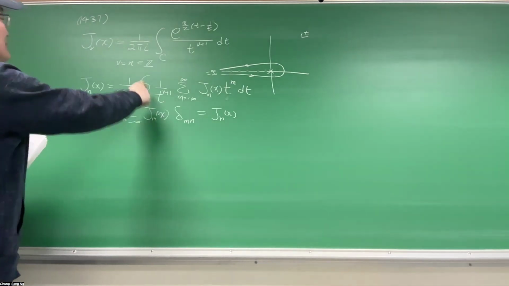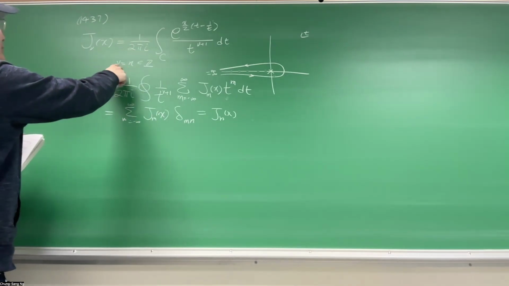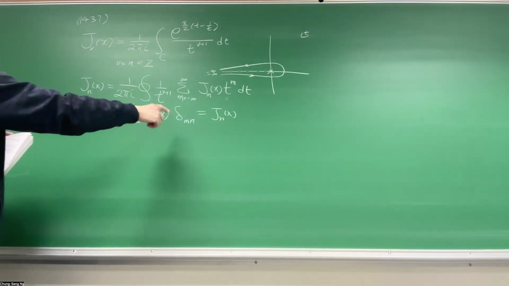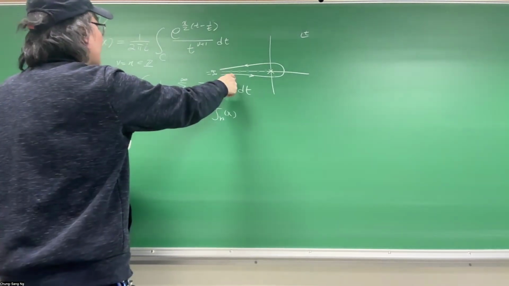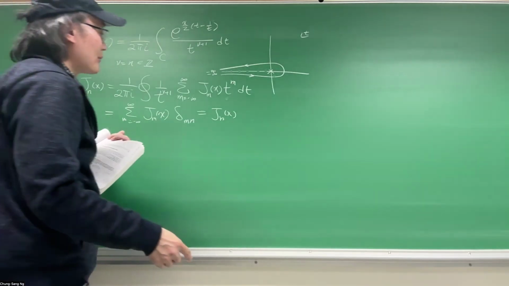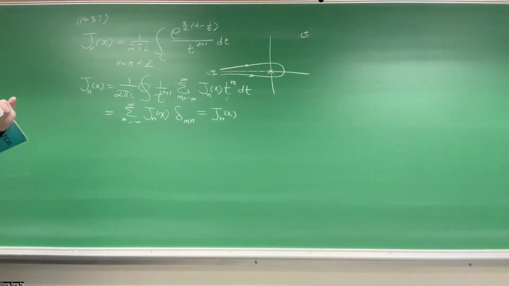So we check that. So this integral form works for integer nu, but what about non-integer nu? We argue that this also expresses the solution of the Bessel equation. So we call it the Bessel function for all nu in this case.